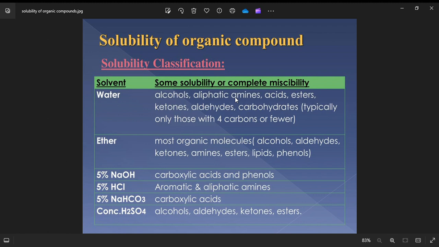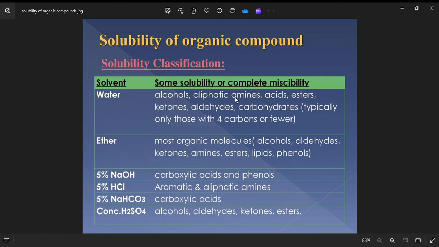You can see it on the screen. This is just a simplified summary of all that you did in experiment 8. The type of solvents you were given are also showing on the screen. You can be given water, ether, 5% sodium hydroxide, 5% HCl, 5% sodium hydrogen carbonate, and concentrated H2SO4.